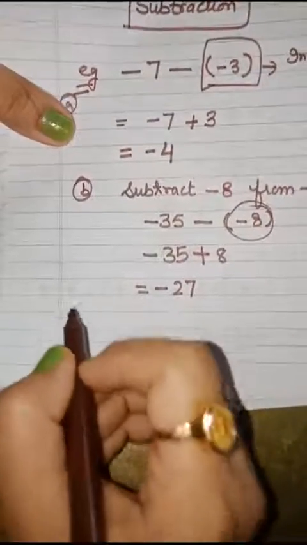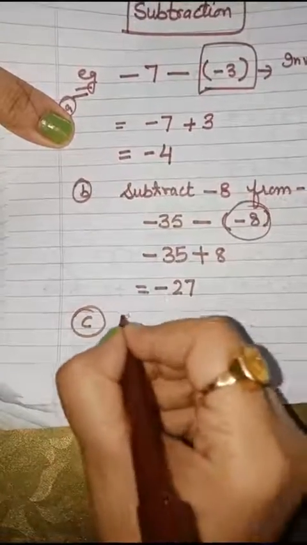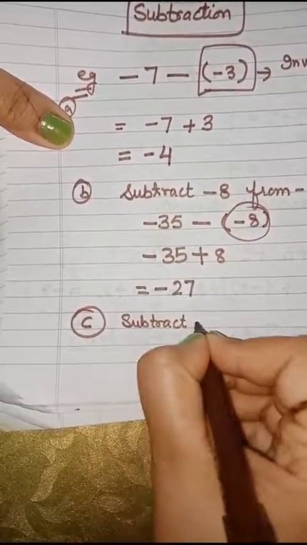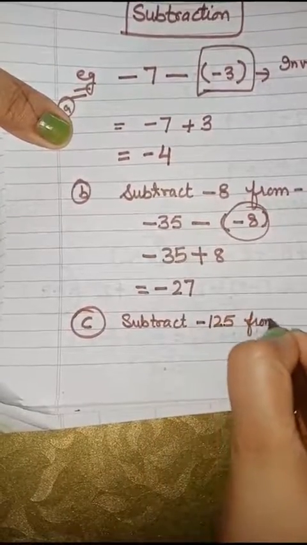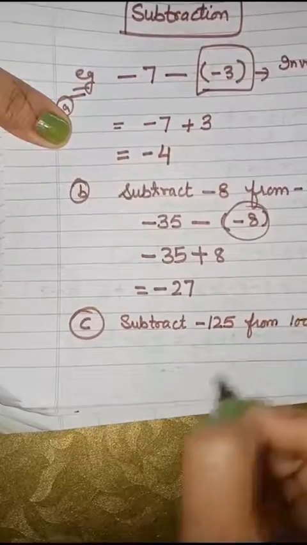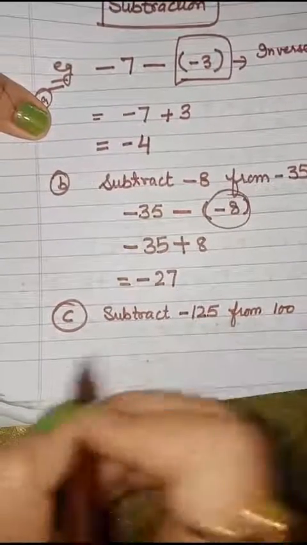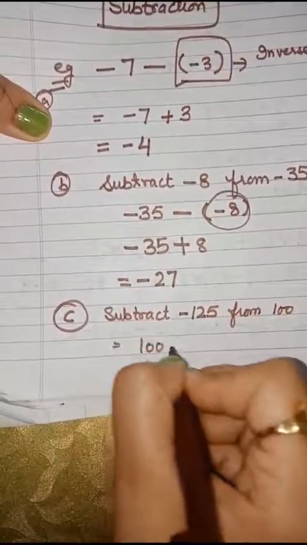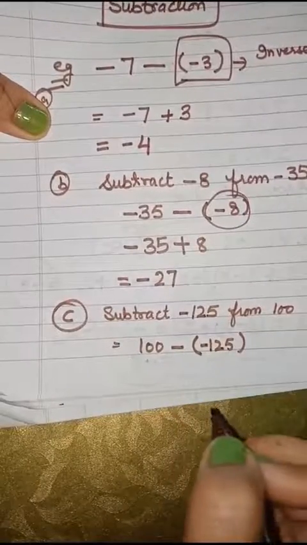Take one more example. Suppose we have to subtract minus 125 from 100. Subtract this from 100. That means 100 minus (minus 125).